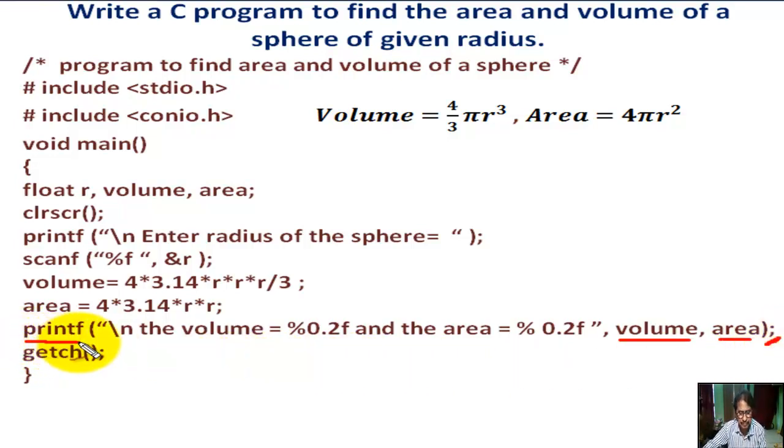Here the printf function is used to display the values of the volume variable and area variable, which are calculated from this formula. Okay, here this creates a new line when displayed in output.